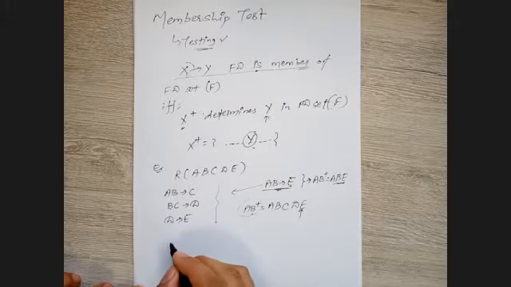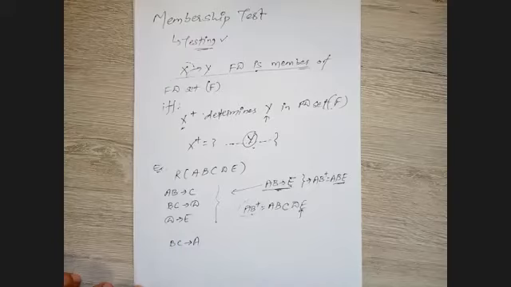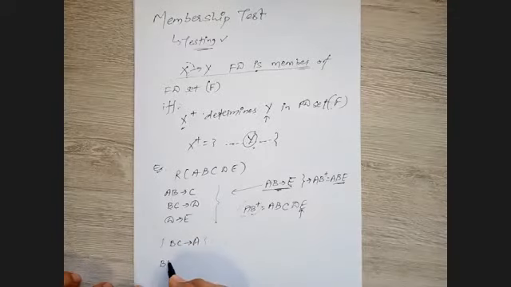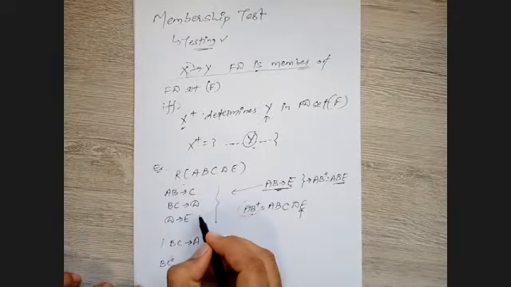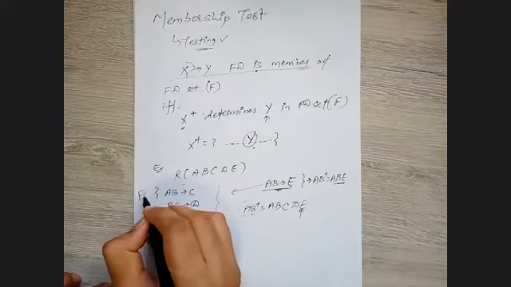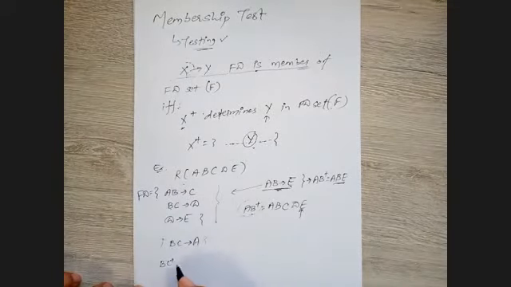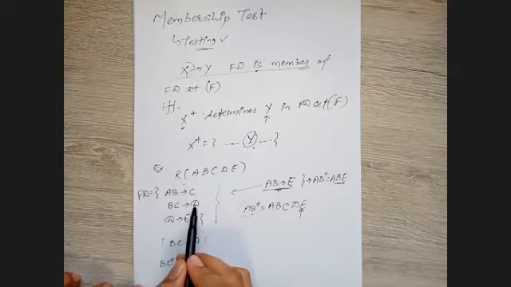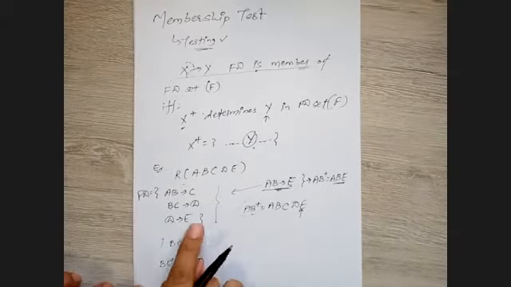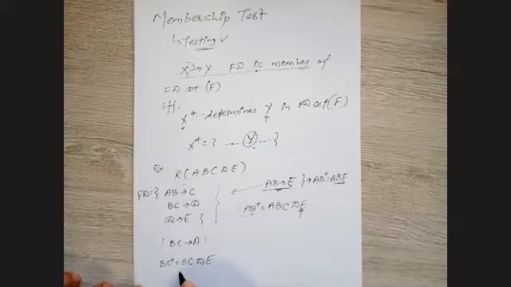In the same way, if I say BC determines A, check whether this functional dependency could be a member of this set or not. Identify the BC closure first from this functional dependency set. BC closure is what? BC gives BC, that's fine. BC gives D and D gives E. But see here, A is not present.